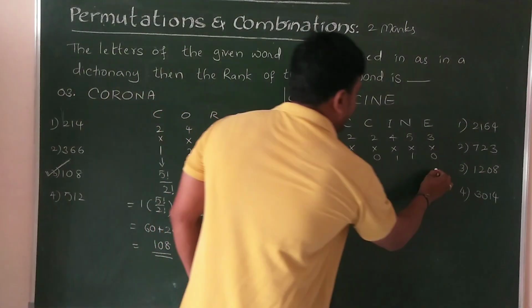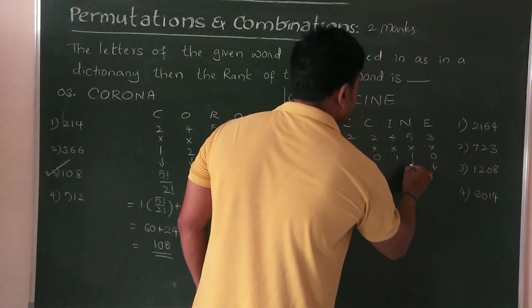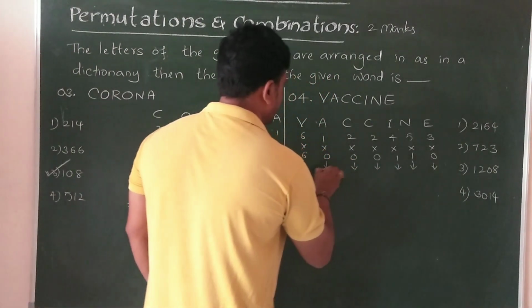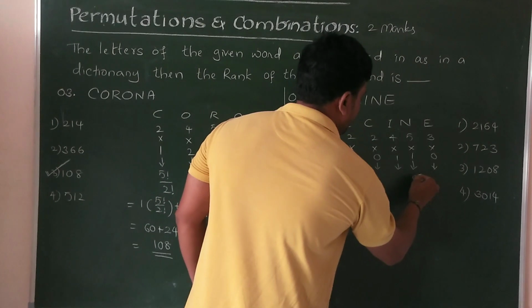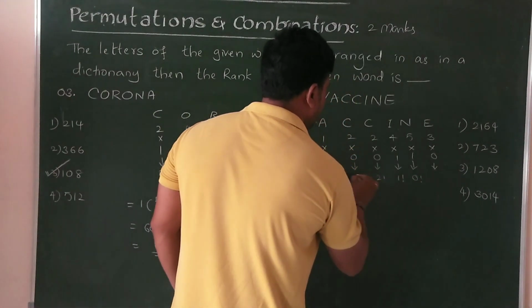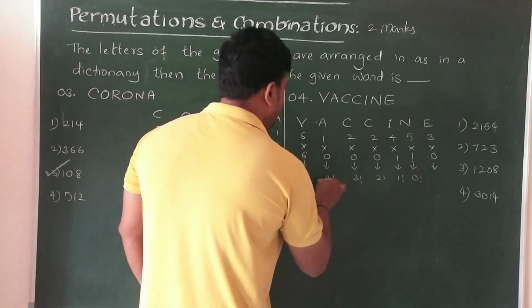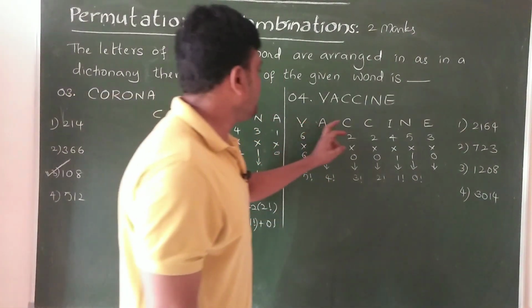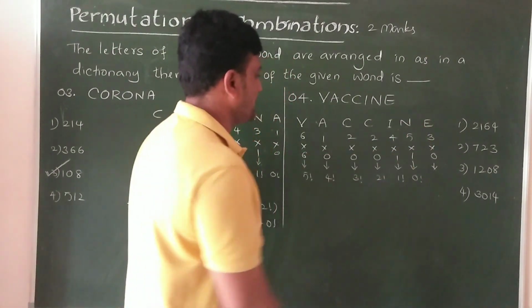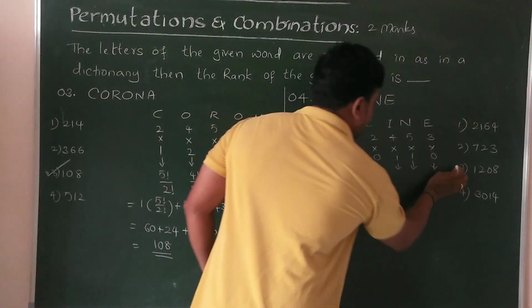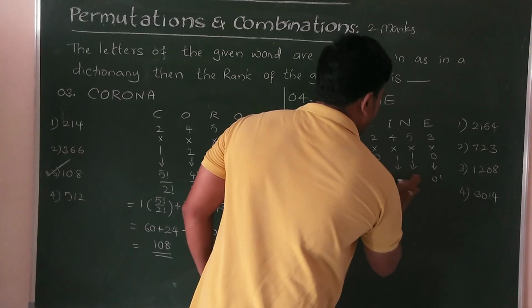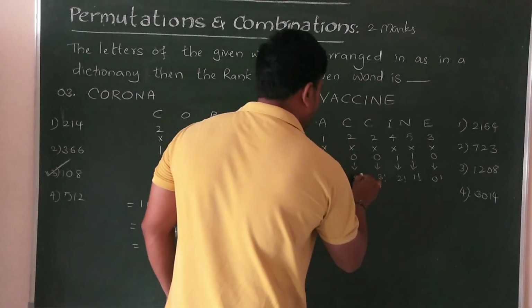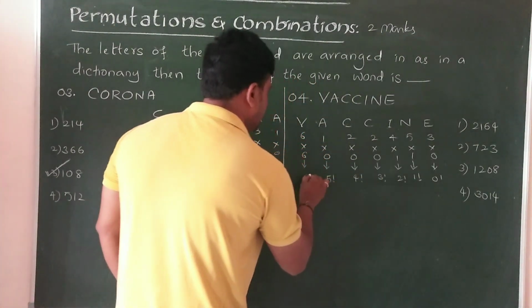Now factorials here: 0 factorial, 1 factorial, 2 factorial, 3 factorial, 4 factorial and 5 factorial. Sorry, order is wrong: 0 factorial, 1 factorial, 2 factorial, 3 factorial, 4 factorial, 5 factorial, 6 factorial.